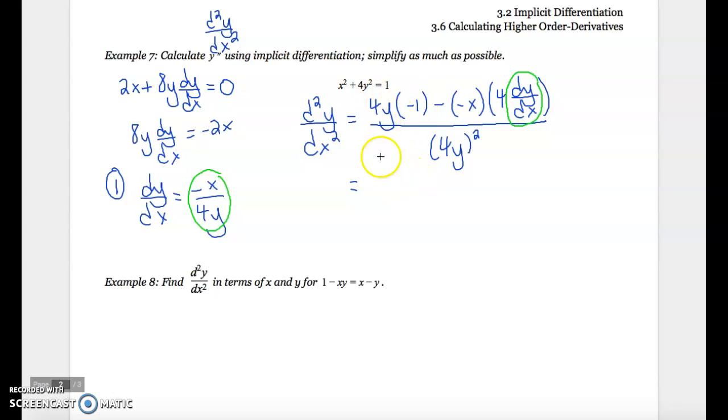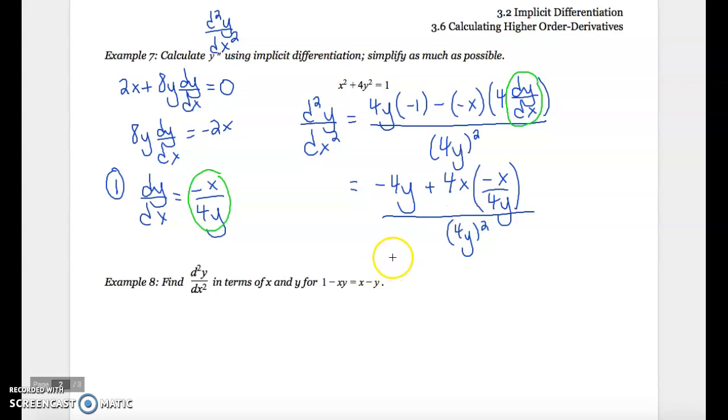So this would be negative 4y plus 4x times negative x over 4y. Right, because I just did the negative times the negative x times 4. So I got 4x, and then I multiplied it by dy/dx. And then that's all over 4y squared.